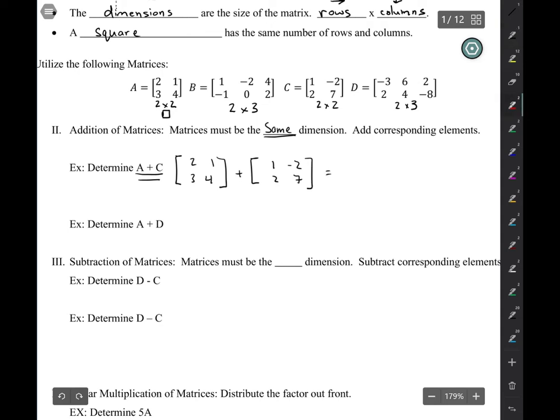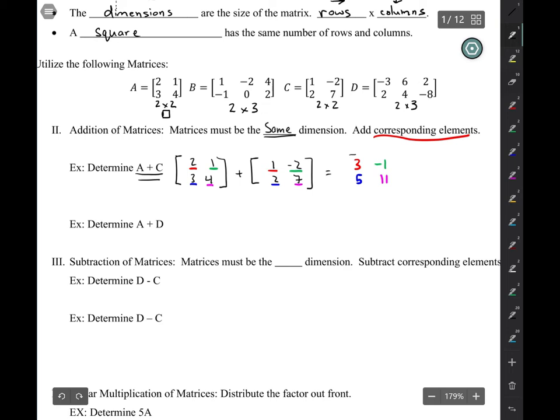You're just going to add the corresponding elements. So 2 and 1, hey, that's 3. Oh my gosh, this mathematics is crazy. 1 plus negative 2 is negative 1. 3 plus 2 is going to be 5. And 4 plus 7 is 11.